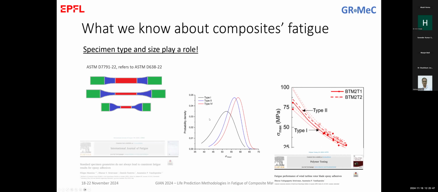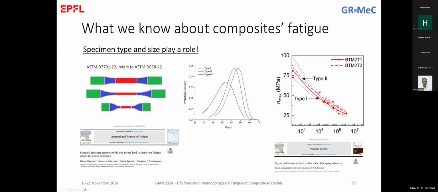And we've seen this also with adhesive specimens, in the work that we published. Actually, it's a work from 2025, very fresh, and a previous work from 2 years ago. When following the ASTM recommendations for adhesive specimens, ASTM says that we can use any of these three specimen types to test in quasi-static and fatigue.